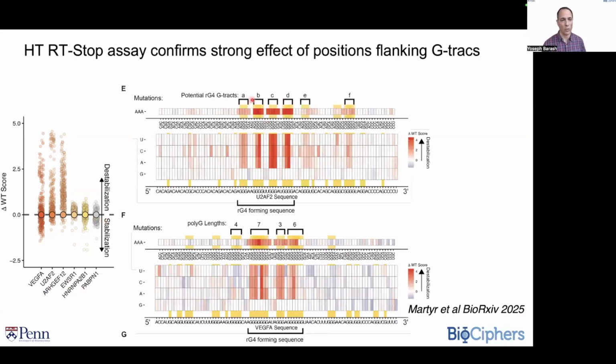You can see the regions where the G tracks are, and positive and negative effects are shown here as red to blue variations. What I want to point out is you can see a lot of those reds and blues. Yes, of course, if you break the G track, that's bad. That's sort of what everybody knows, but they don't value them the same. And you have a lot of importance for those flanking regions. Some of them can decrease or increase the formation. Again, it makes it very much context dependent.